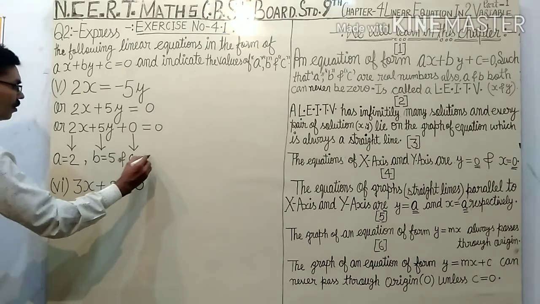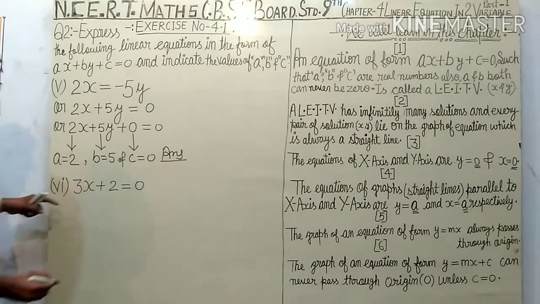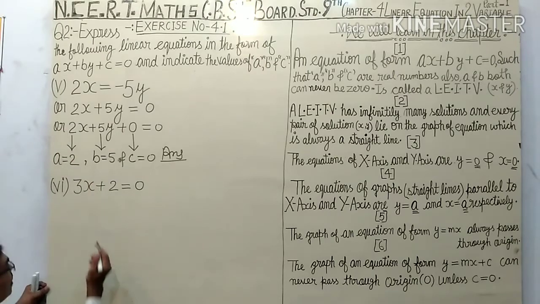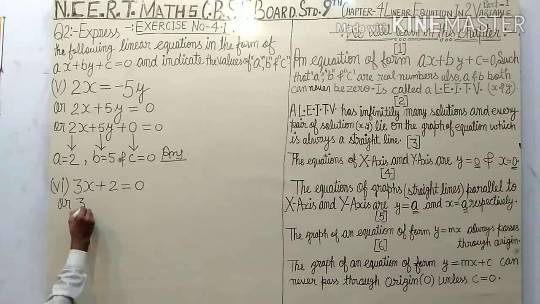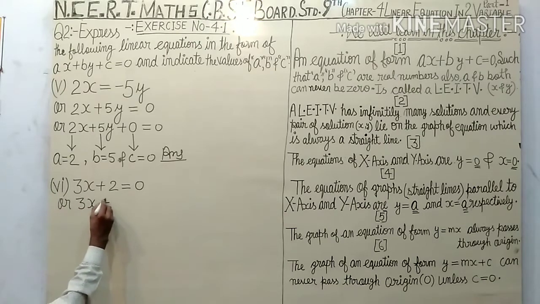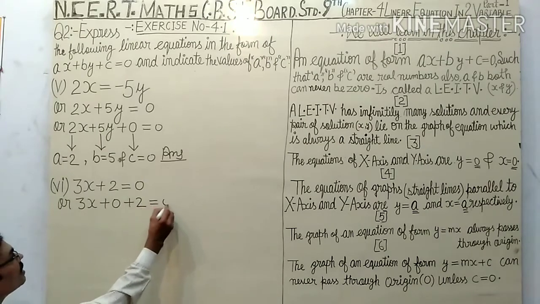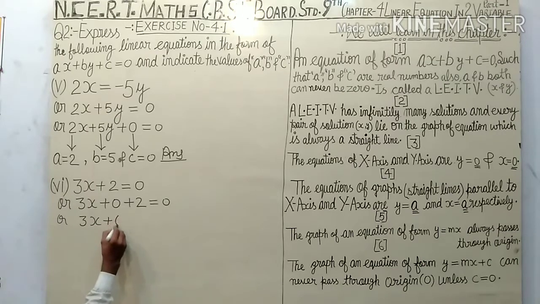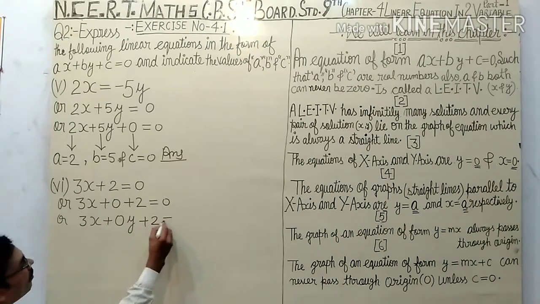c equal to 0. So students, now sixth part we have been given 3x plus 2 equal 0. Students, this can be written as 3x plus 0y plus 2 equals 0.